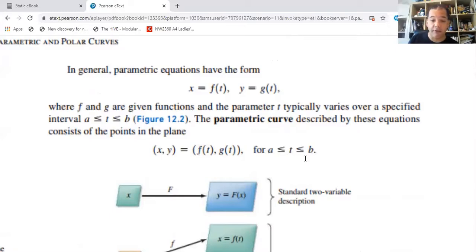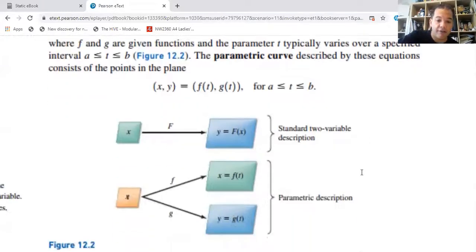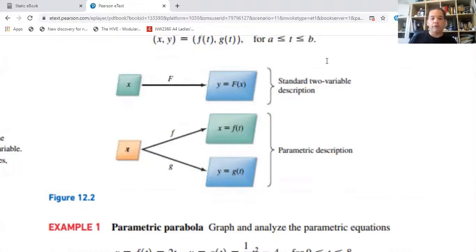Think of it that way. And here's a diagram that shows the difference between the two ways of thinking. In a regular equation, you have x and a function, and then you get y equals capital F of x. In a parametric setting, you have both x and y, and you have two functions, the f function and the g function.